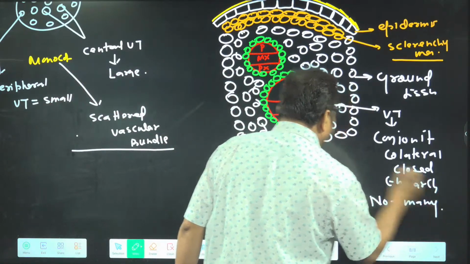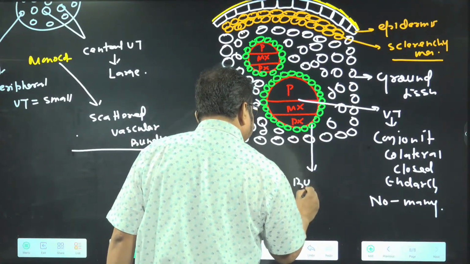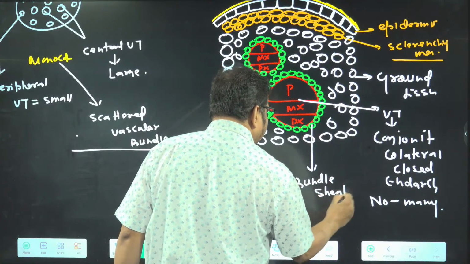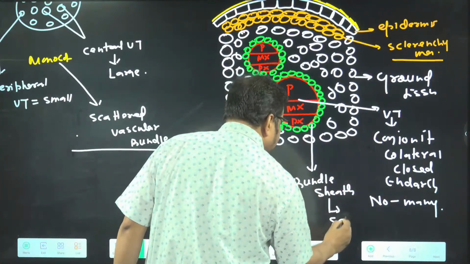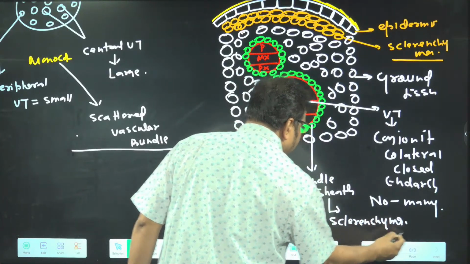And how are they there? Scattered. Now what is this? Bundle sheath. And it is made up of which one? Sclerenchyma.